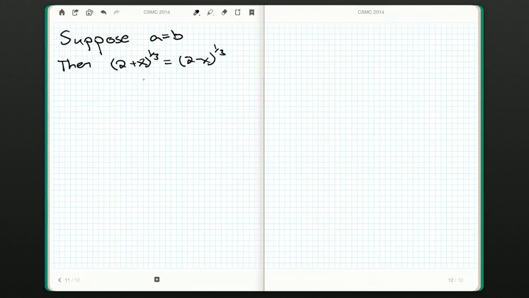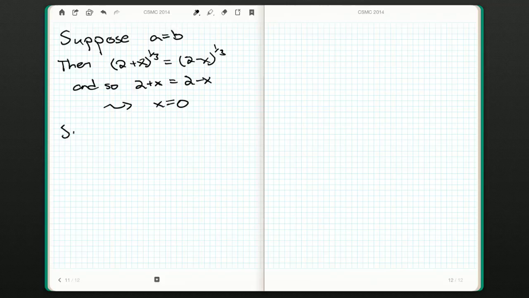If we raise both of those to the 3rd power, we get 2 plus x equals 2 minus x, and we can work that out to be x equals 0. Okay? And we could double check that this satisfies the relationship that we want, but we don't need to. We can do that a little later.